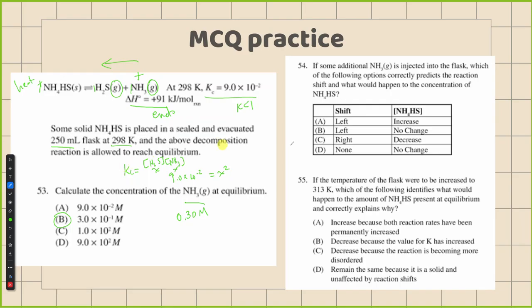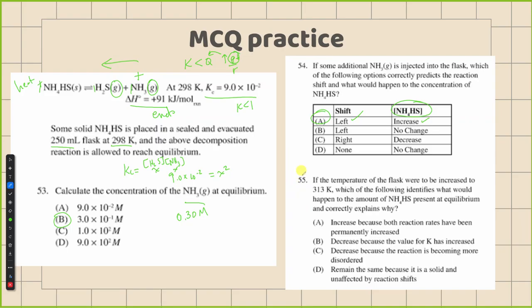And we don't have to do K and Q here because it's not part of the answers, but if we're adding to the products, that means K is going to be less than Q, because products over reactants, you're adding here, that's going to make that number go up for Q. But we're shifting left, so we know this is going to increase because that's the solid, and so it looks like it's A.